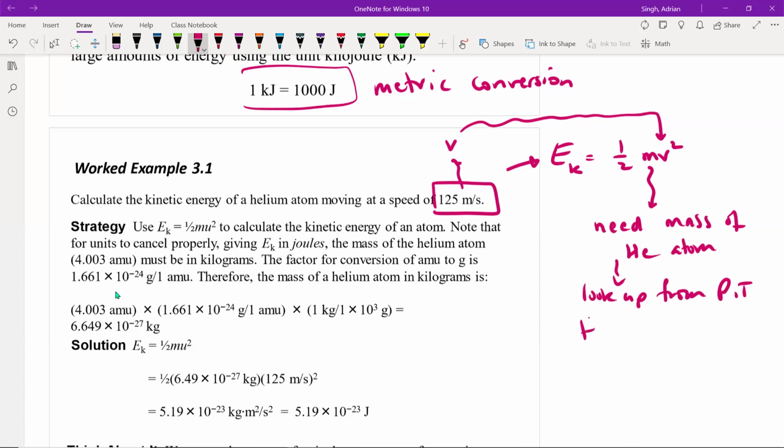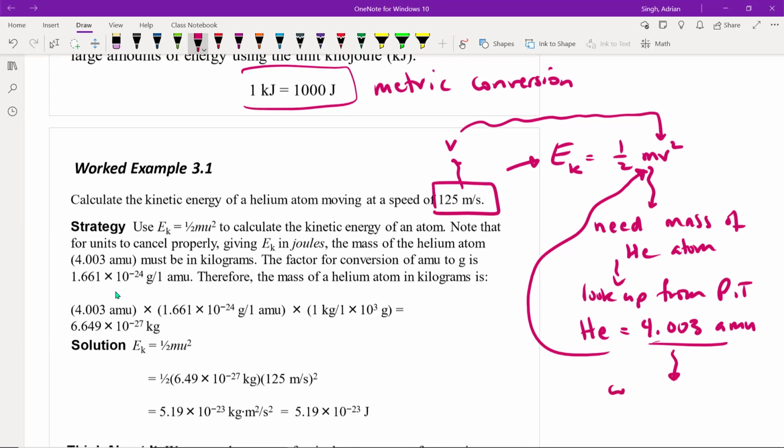And we see that the average atomic mass of a helium atom, that's straight from the table, we just read it as 4.003 atomic mass units. Now, if we want to plug this mass into our equation, we want to make sure that we have the correct unit. So we want to go to a metric unit of mass, and we can use the relationship between grams and AMU to convert this from AMU into grams.